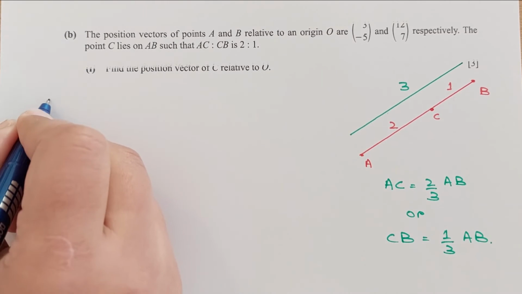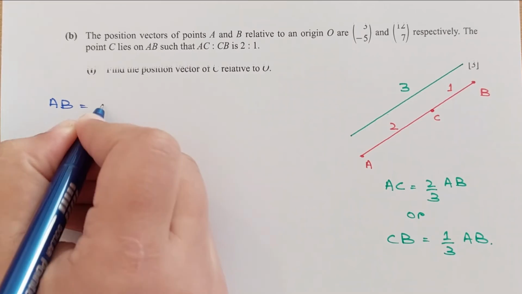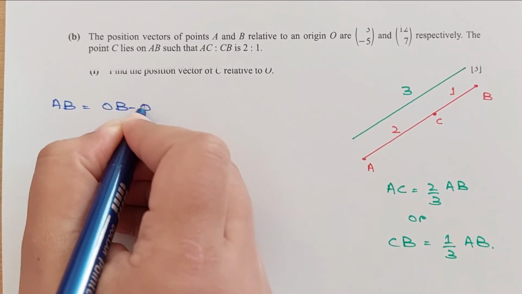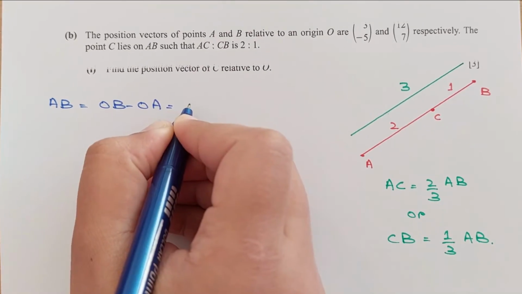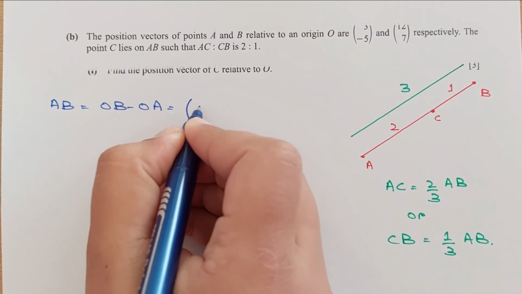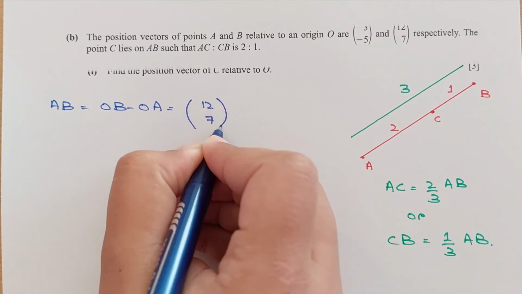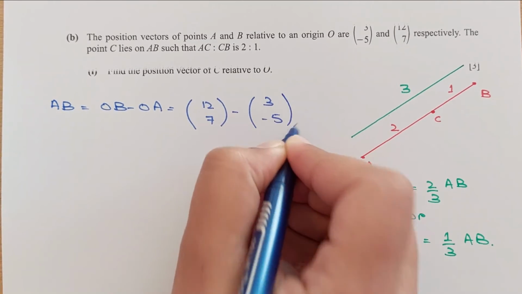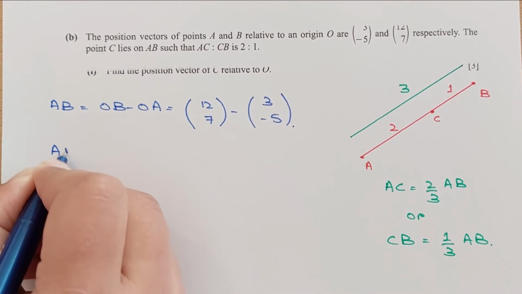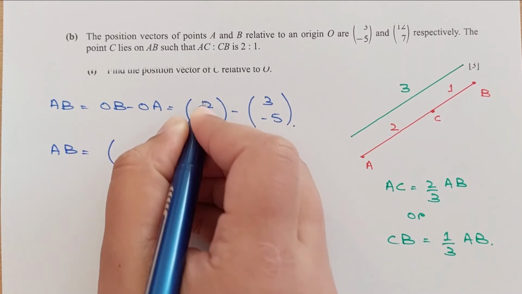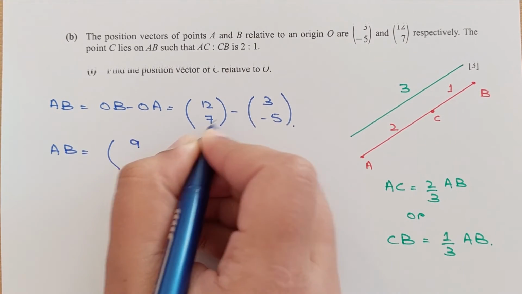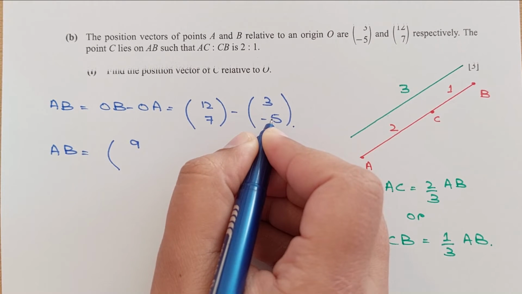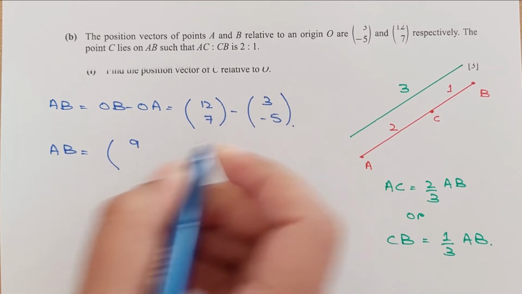Okay, so first let me solve AB. AB is OB minus OA, right? So OB is (12, 7) and minus (3, minus 5). So what is AB? 12 take away 3 is 9, and for the 7, negative times negative is positive, so 7 plus 5 is 12.